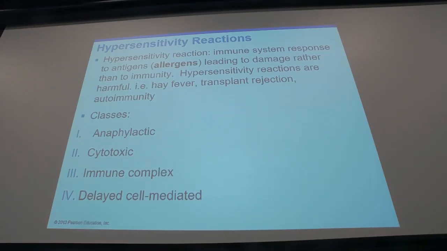Do not overreact. But in the case of a hypersensitivity reaction, you have an exaggerated immune response that can damage our body. And hypersensitivity basically is the fancy name for allergies. And then allergies are subclassified into 4 different kinds.